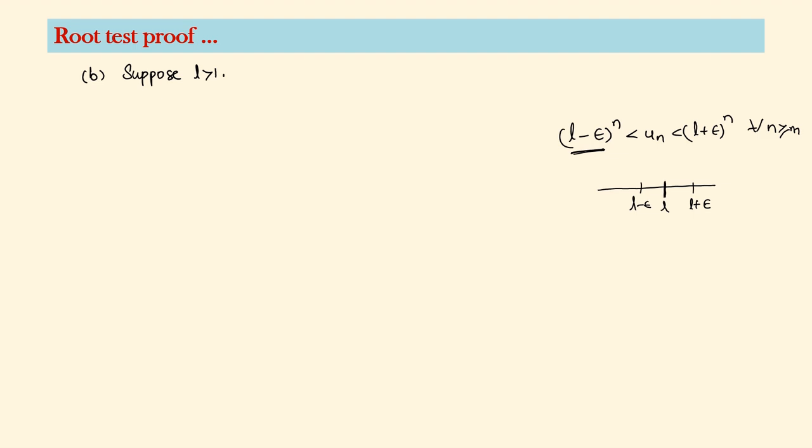So suppose 1 is here. How should we choose L minus epsilon? Still L minus epsilon is greater than 1. Our condition is L is greater than 1.